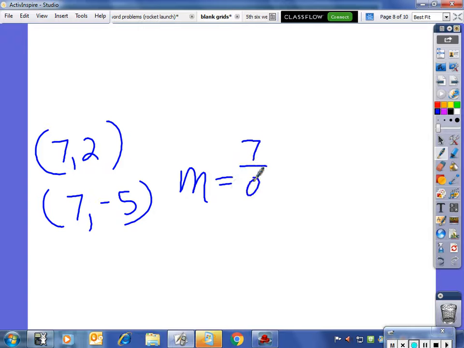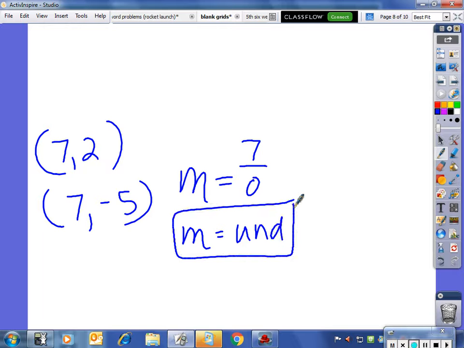I would end up with 7 over 0. Please do not write 7 over 0 as the slope. What's the slope? Undefined. That's what I want to see. What does that mean about this line? It is vertical. It's as steep as it gets. It's only rising. It's not running.